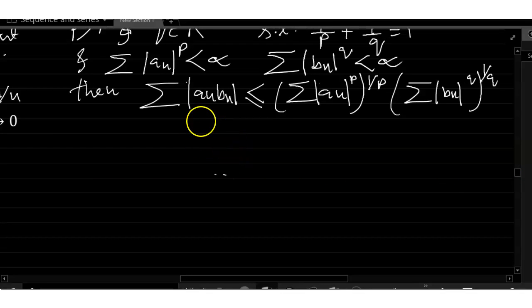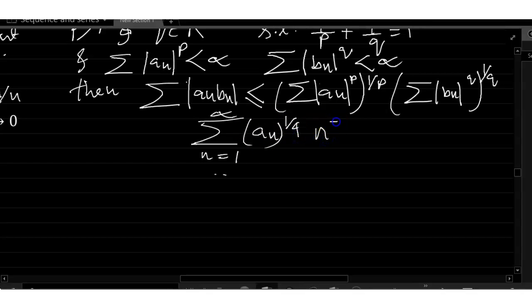Now summation n equals 1 to infinity of a_n^(1/4) n^(-4/5). This is a_n and this is b_n. Here P equals 4 and Q equals 4/3.